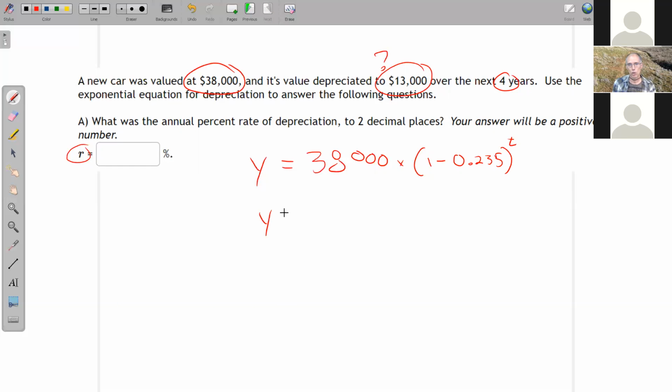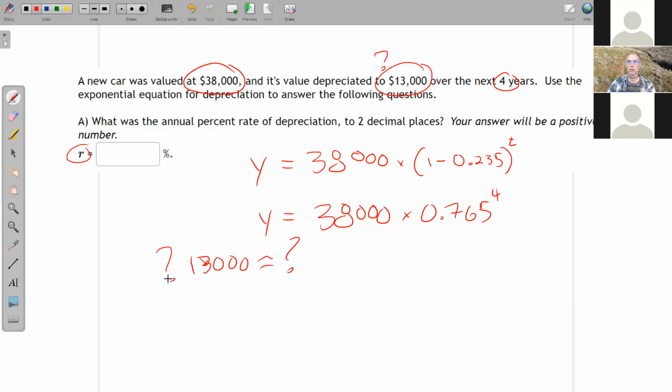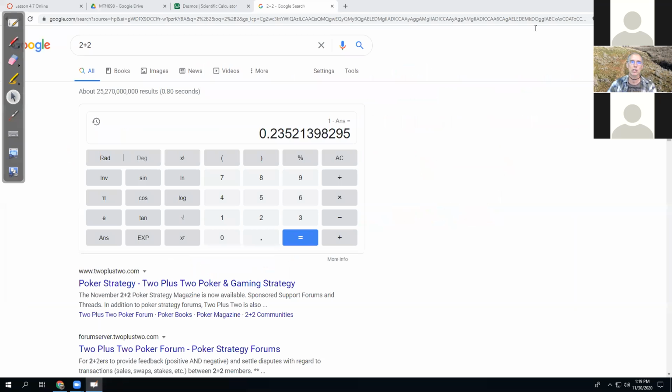So now I have y equals 38,000 times 0.765, and I'm going to put the 4 in there. So what I want to see is if I plug in the 4, do I really get about 13,000 like the problem started with? All right, so check in the calculator. Now, because this is rounded, it's not going to be exact, but I hope it's pretty close.